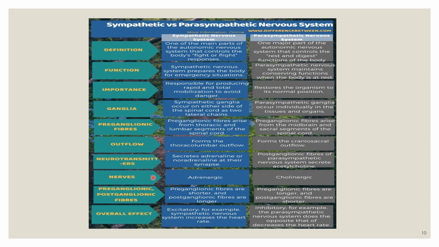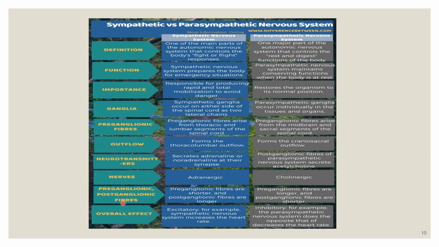The neurotransmitters involved in sympathetic are adrenaline or noradrenaline at their synapse. Here the postganglionic fibers of the parasympathetic nervous system secrete acetylcholine. So acetylcholine is the main neurotransmitter in the parasympathetic nervous system. So they are cholinergic fibers. Here sympathetic are adrenergic fibers.